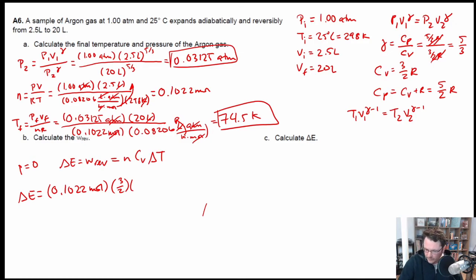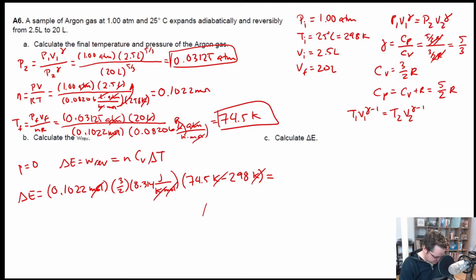So that's 8.314 joules per Kelvin mole times delta T, which in this case is 74.5 Kelvin minus 298 Kelvin. Moles cancel, Kelvins cancel, and we should only end up with joules. So we have 0.1022 times 3/2 times 8.314 times 74.5 minus 298.